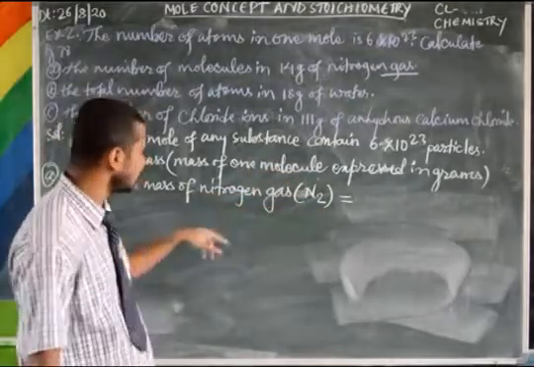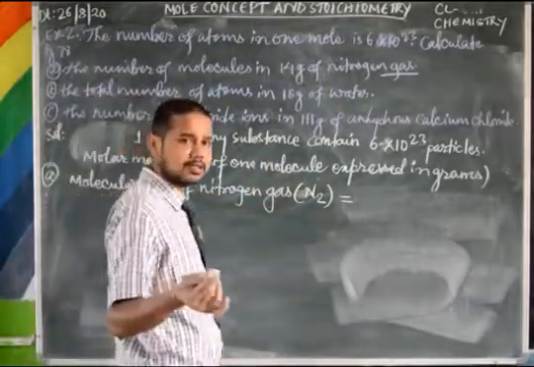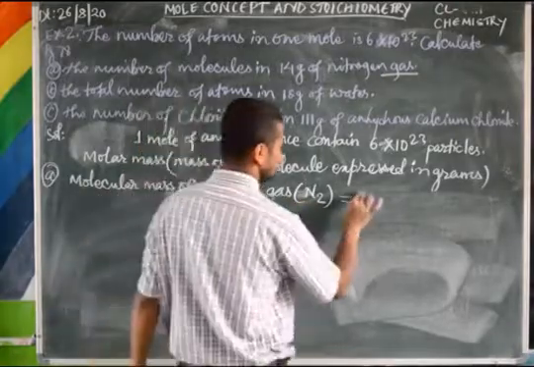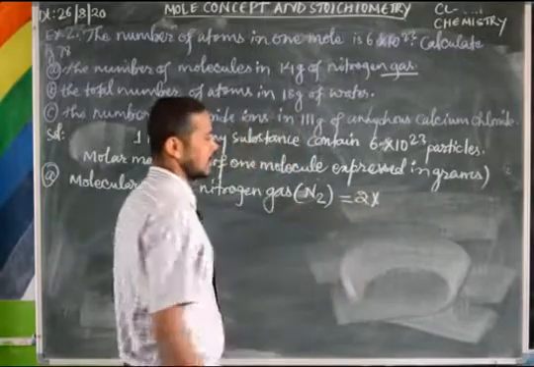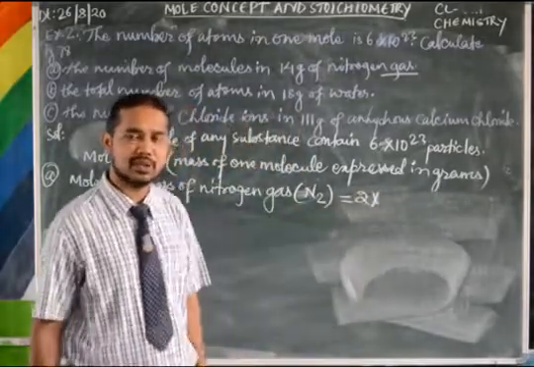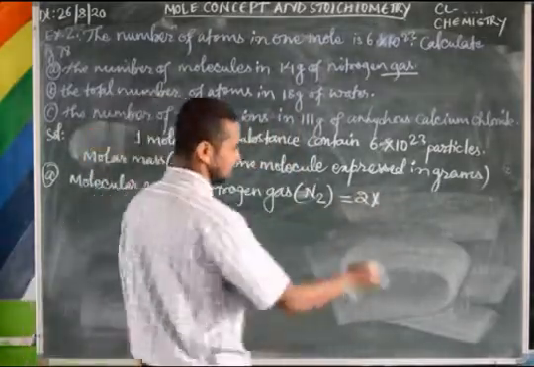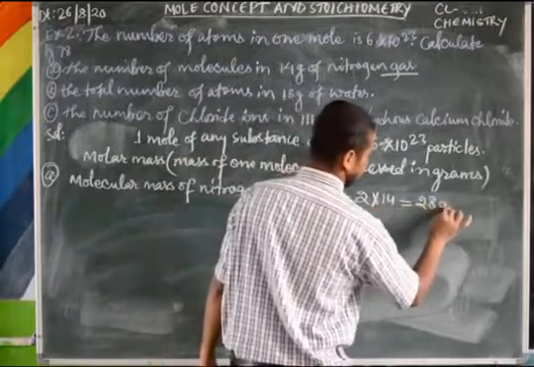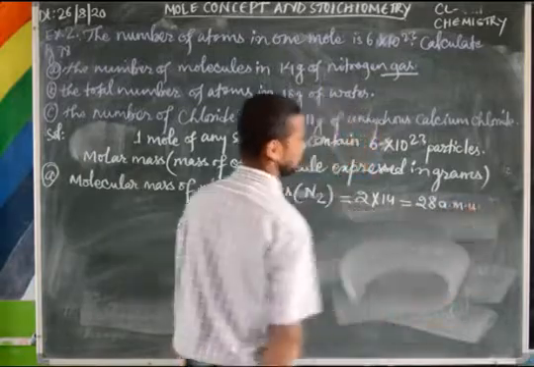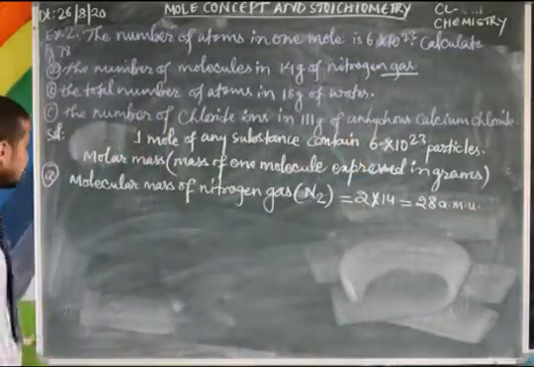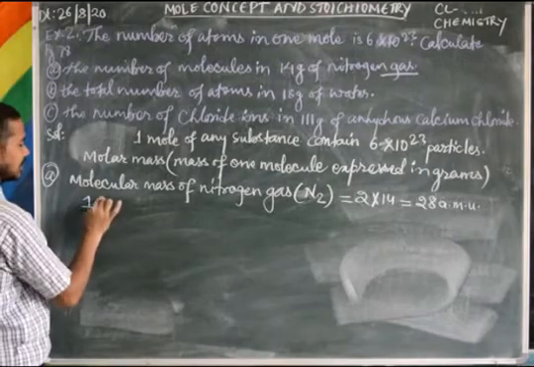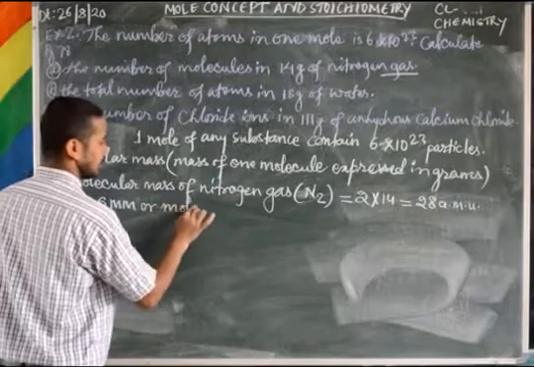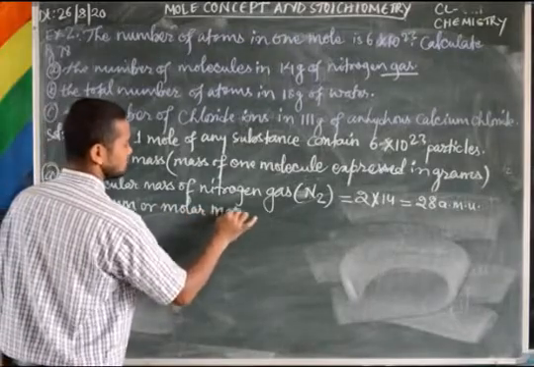Then find molecular mass, which is the sum of the masses of the atoms present in the molecule. So 2 into atomic mass of nitrogen. What is atomic mass of nitrogen? 14. 2 into 14 is 28 AMU.